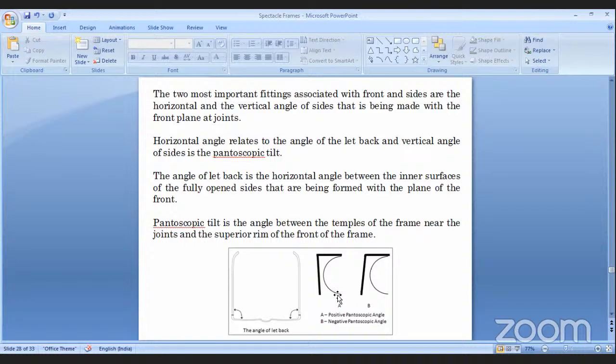Here you can see on the right picture, in picture A, it shows the positive pantoscopic angle. In picture B, it shows the negative pantoscopic angle. Now this negative pantoscopic angle will adversely affect the near vision through the spectacle lenses.